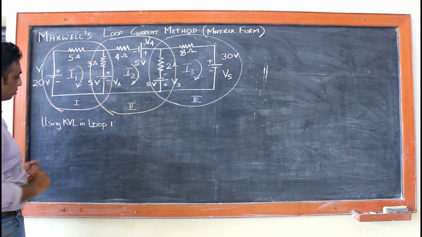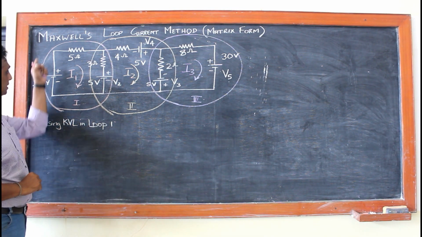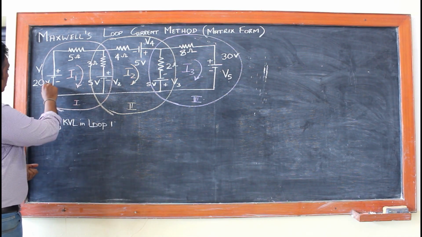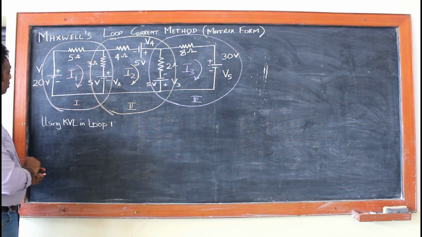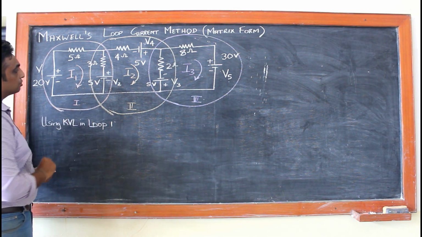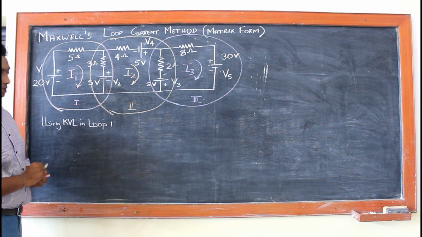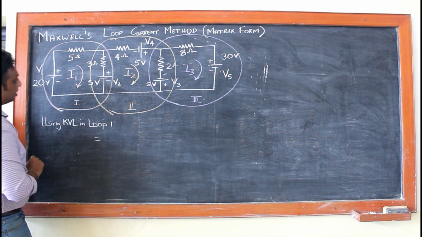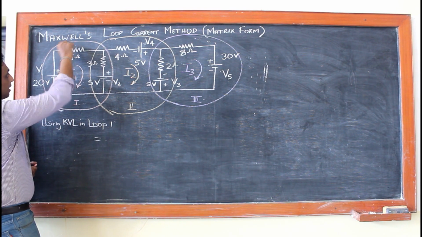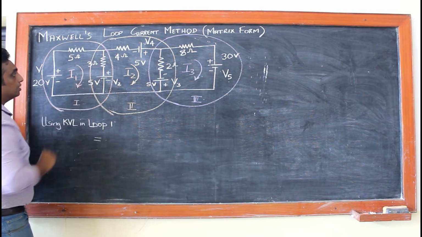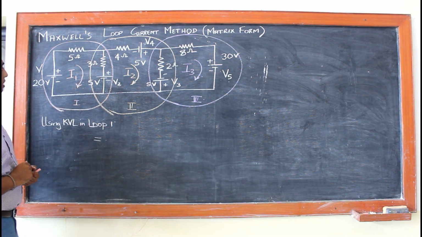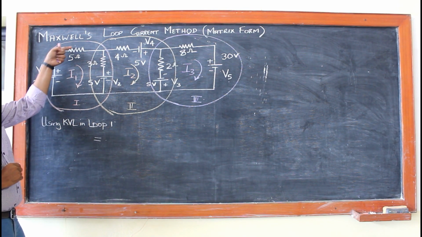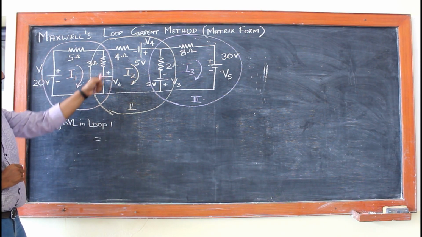Now, using KVL in loop 1, I am only going to consider loop 1. The first voltage source I have is 20 volts. The second voltage source is 5 volts. The other elements are a 5 ohm resistor and a 3 ohm resistor.